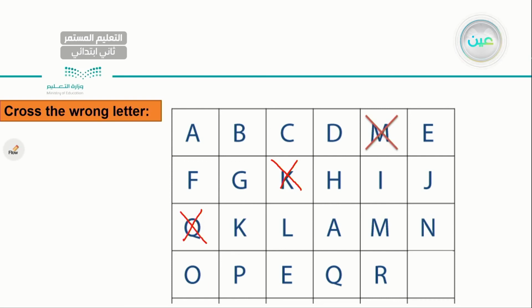Let's read. K, L. Okay, something is wrong here. Again, I placed letter A, but in the correct order, I have M. So, K, L, M, N, O, P. Again, I put something wrong here, which is letter E, Q, and R. To check if we did a good job, let's go ahead and read the letters.